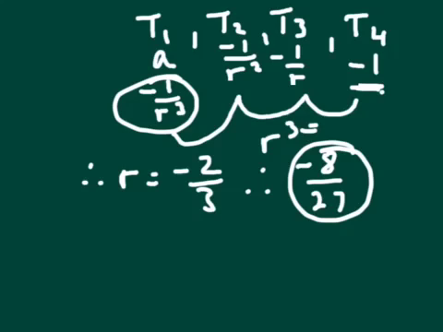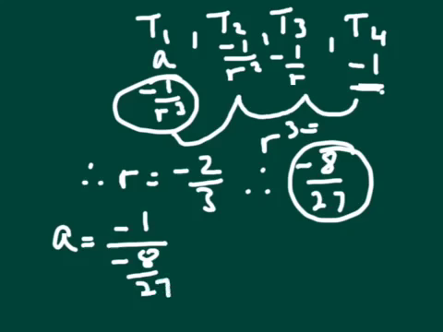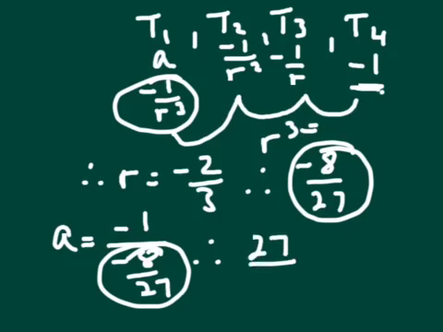So a is equal to -1 on -8 on 27. Now when you're dividing 1 by a fraction, all you've got to do is tip over that fraction and you've got your answer. And by the way, the negatives here will cancel each other out, won't they? You've got a negative divided by a negative, so it's going to be positive. So tipping over -8 on 27, it turns out that a, the first term, is 27 on 8.